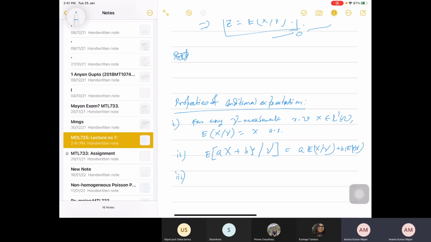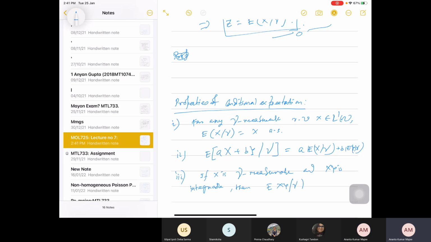Third important property: if X is nu measurable and XY is integrable, then I just look at the product.